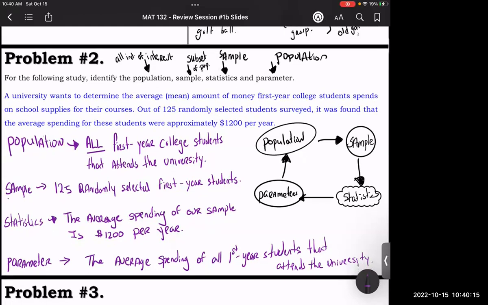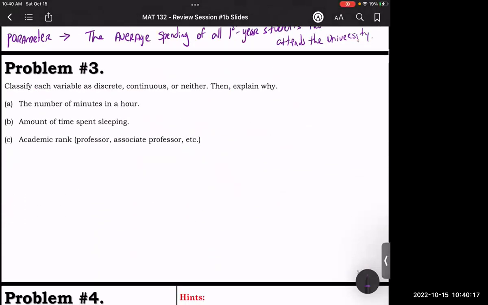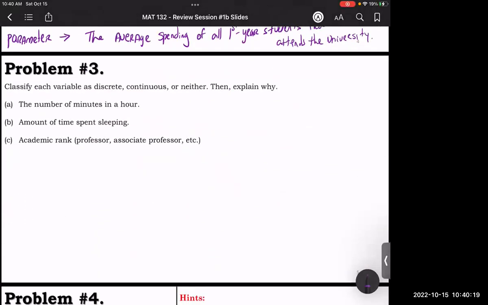All right, so let's continue. Problem number 3 requires us to classify each variable as discrete, continuous, or neither, then explain why. Part A states the number of minutes in an hour. Is that going to be discrete, continuous, or neither?